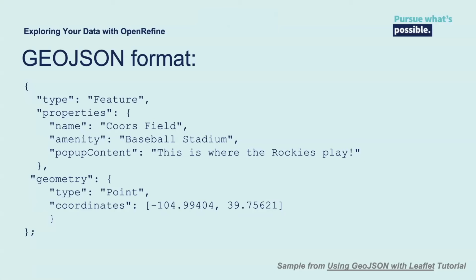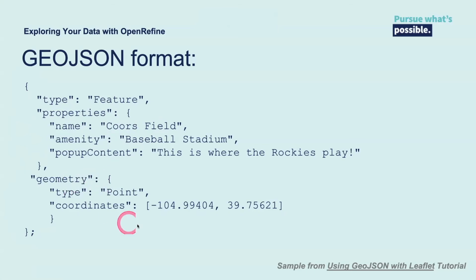And the basic outline of the JSON is everything is wrapped in these curly brackets. And then we have additional key value pairs that represent the properties, so essentially the column names and their values. And then we also have key value pairs that represent the geometries or the shapes.